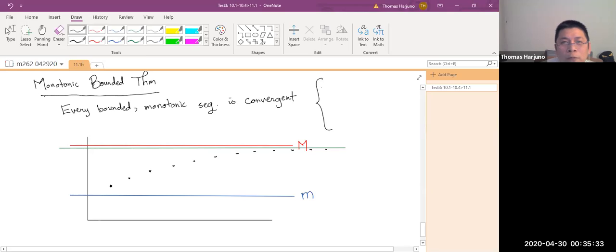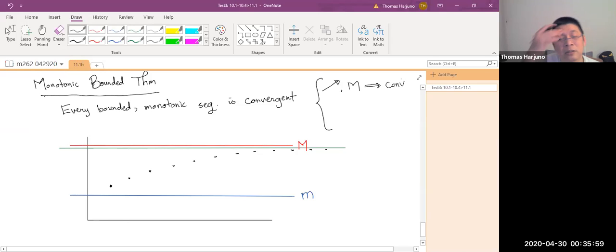It will be convergent if it is monotonic increasing and bounded above, like the case that you saw. If it is increasing and bounded above, then the sequence is convergent.